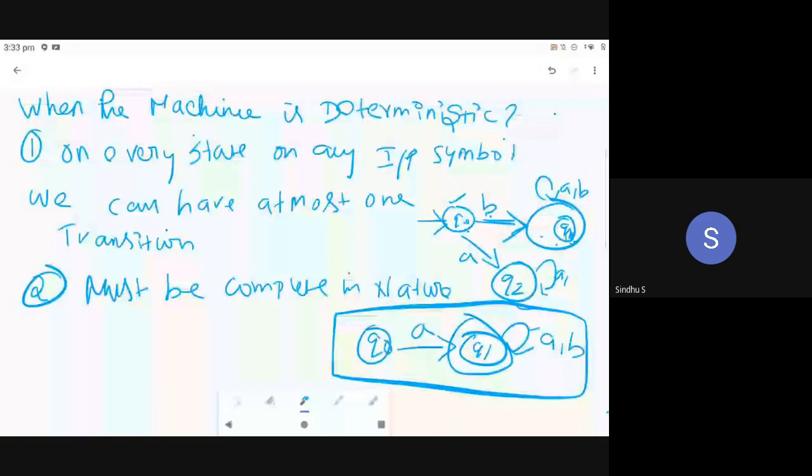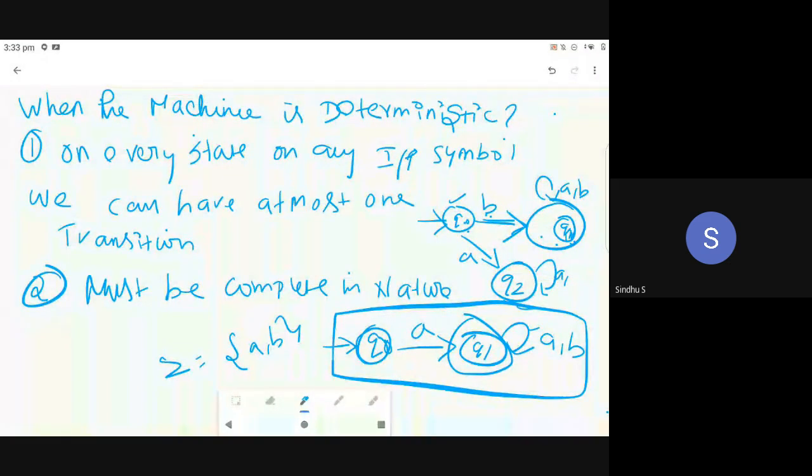See, the machine is complete whenever every state deals with every input for that machine. So if you take Q naught, the initial state, what is the input scanned by Q naught? A. So what are the two inputs in my set sigma?